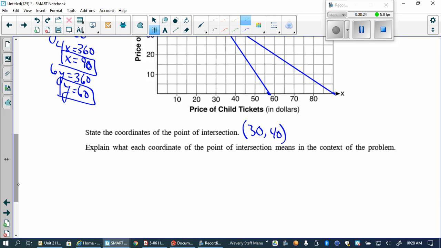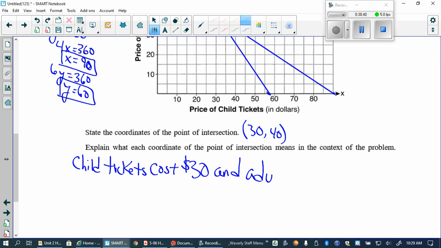So a child ticket costs $30, and adult tickets cost $40.